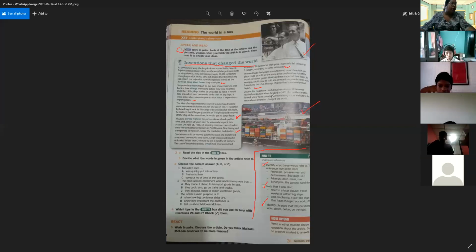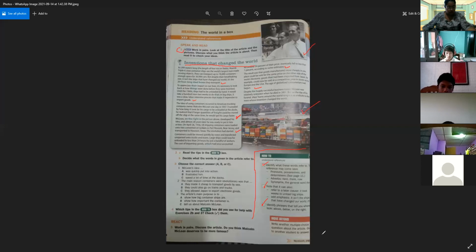Okay, thank you, Juan. Now, Christina, can you read the last paragraph? Despite his hugely successful business career, McLean was relatively unknown when he died in 2021.